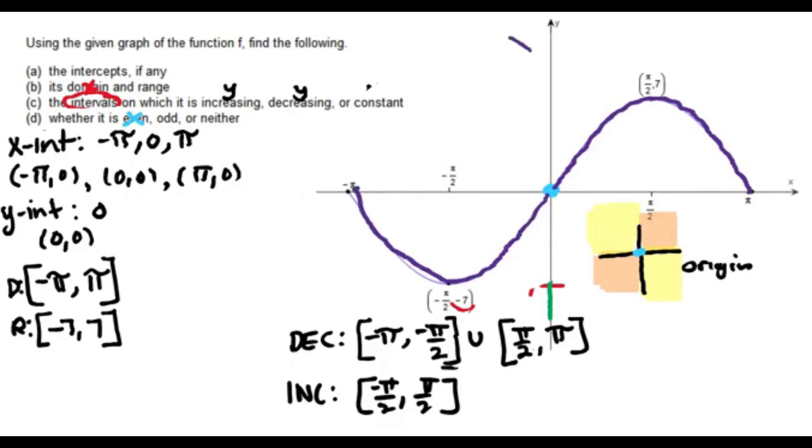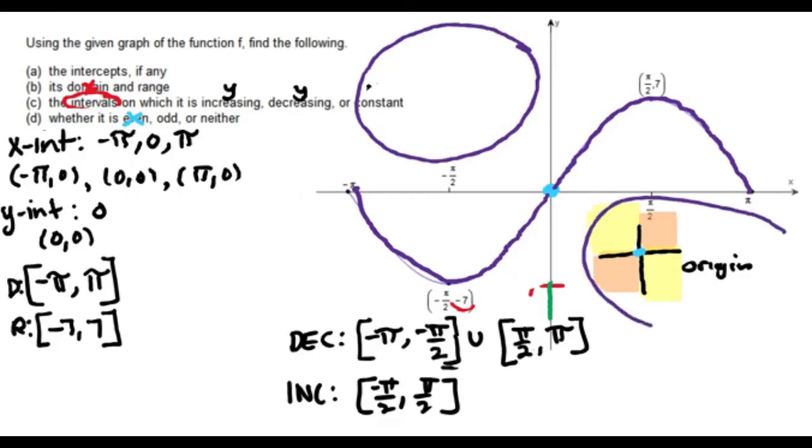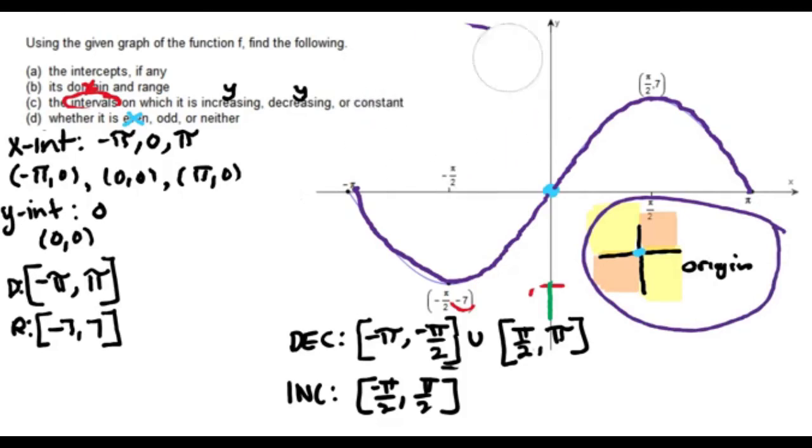And then in quadrant 2, we have a blank, meaning that there's no piece of the graph in that quadrant. And we also have blank in quadrant 4. So it looks like a mirror image, but if we want to be certain, we can think about folding the pieces of paper like we were doing earlier with the y-axis symmetry. And let me explain how you would fold the piece of paper to check for origin symmetry.